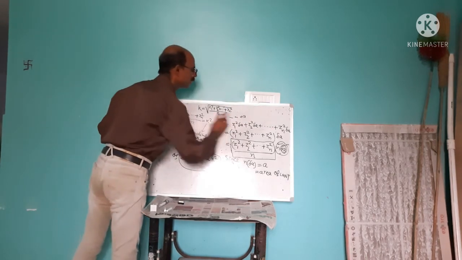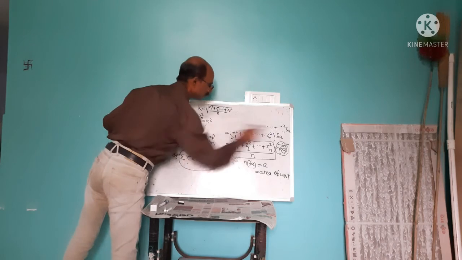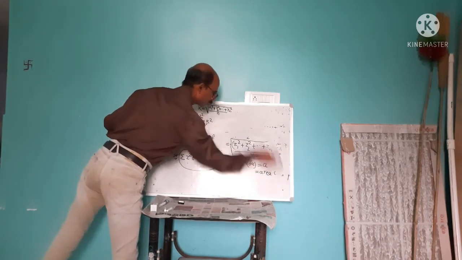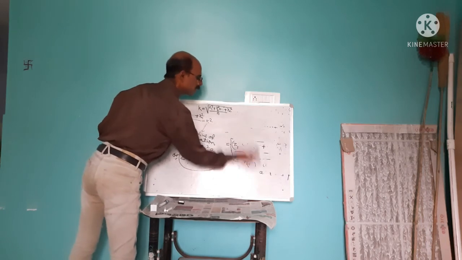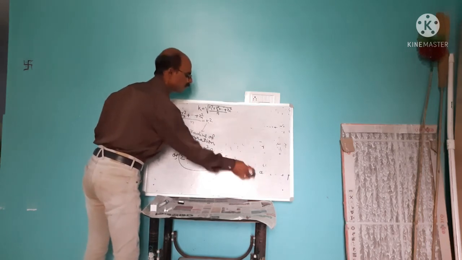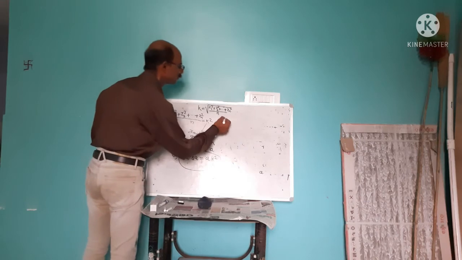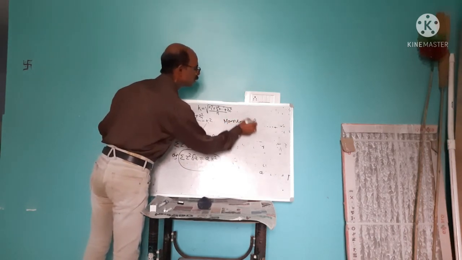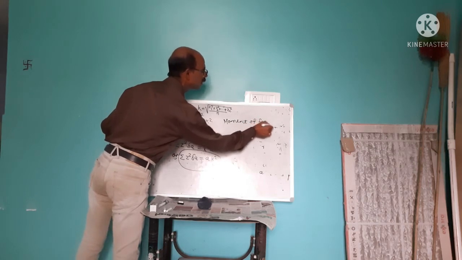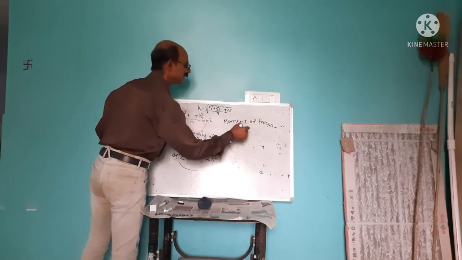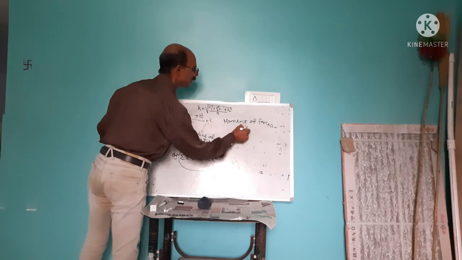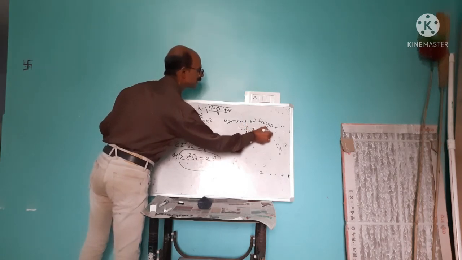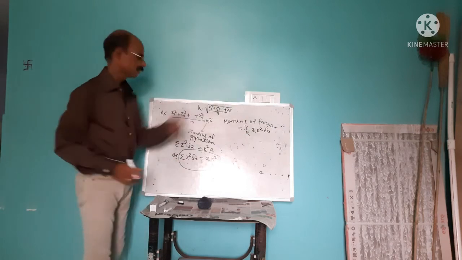Previously we have obtained the moment of forces acting on it. Moment of forces about EF we had obtained as Y by R sum Z square del A. We had already obtained it.